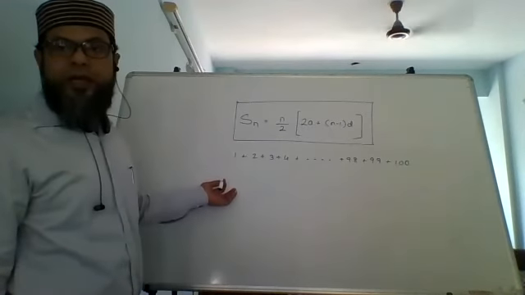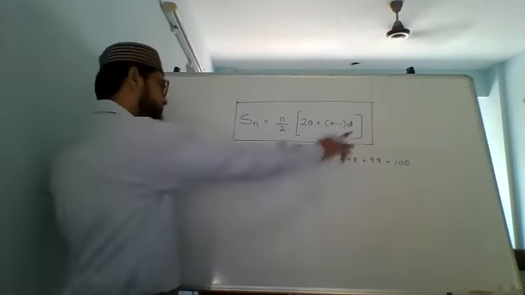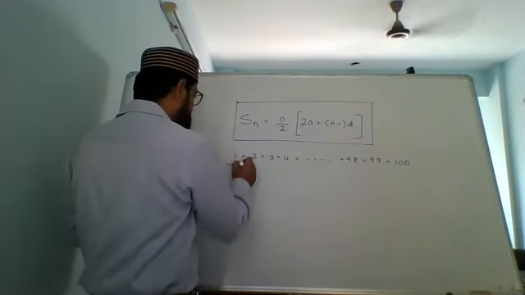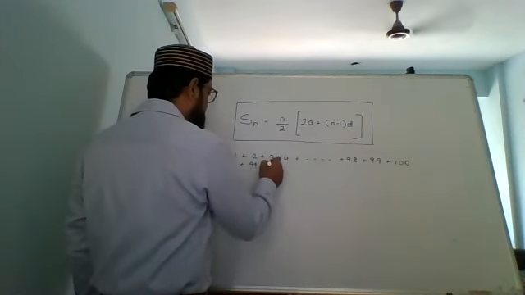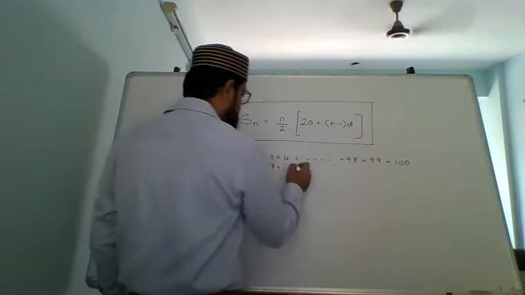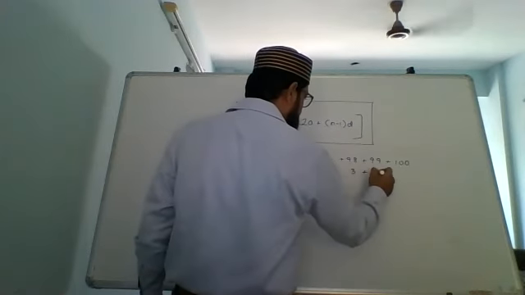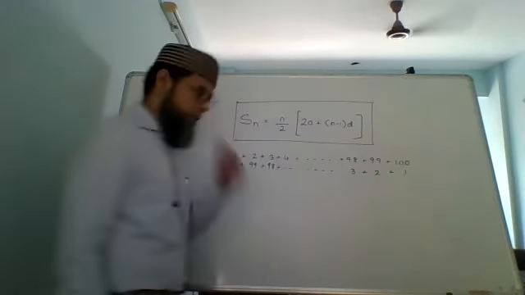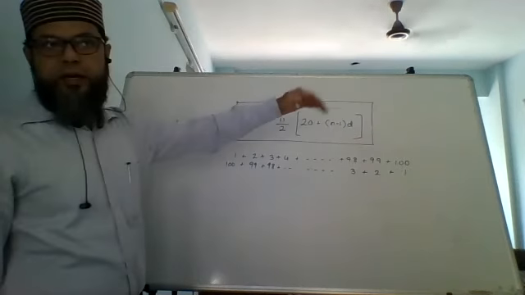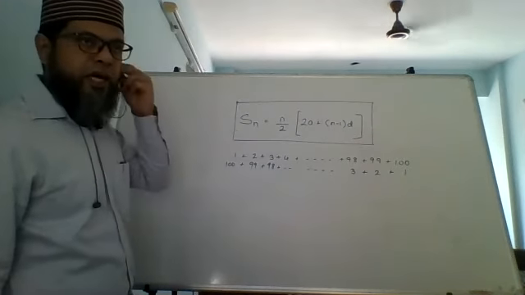That is the way that was there. What he did was, he said this, then he said 100 plus 99 plus 98 plus 3 plus 2 plus 1. एक बार इस तरफ से ऐड कर लो, एक बार इस तरफ से ऐड कर लो.